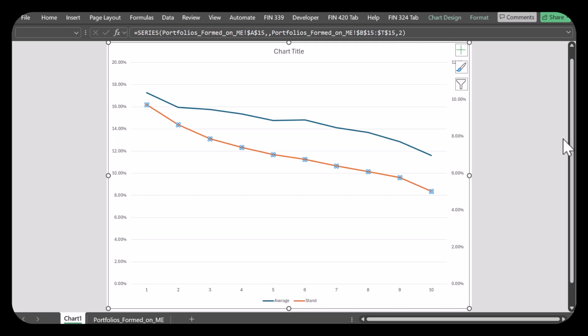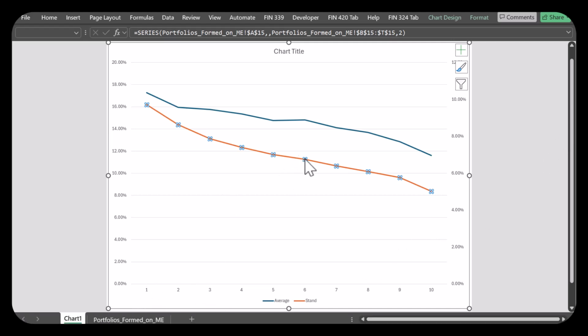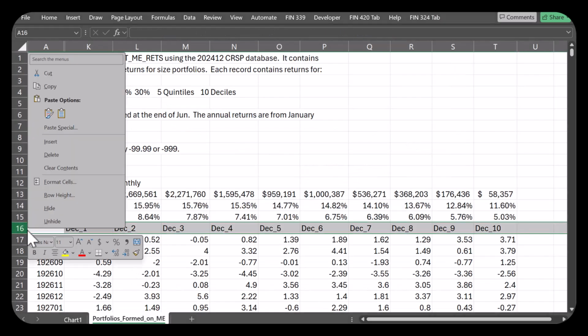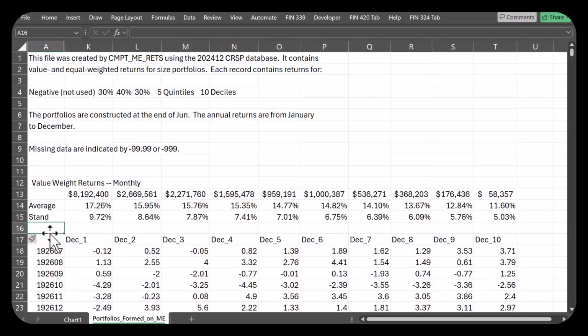Or alternatively, let's do this, and this is called the Treynor ratio. Technically, you do this with the risk premium divided by that, but it's not going to matter too much.